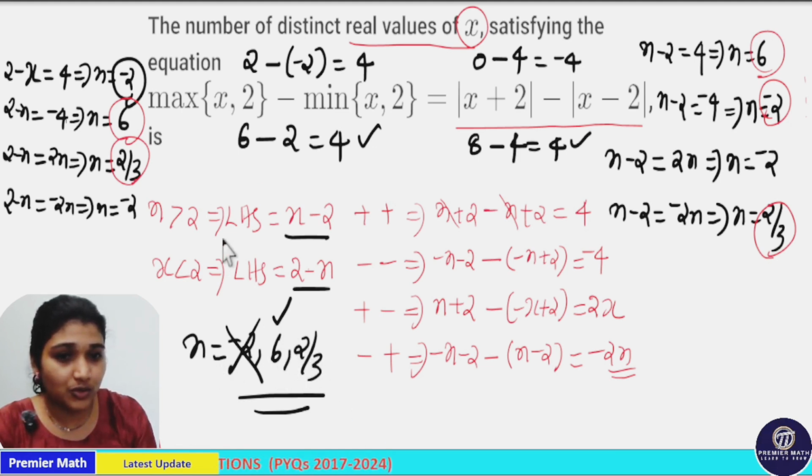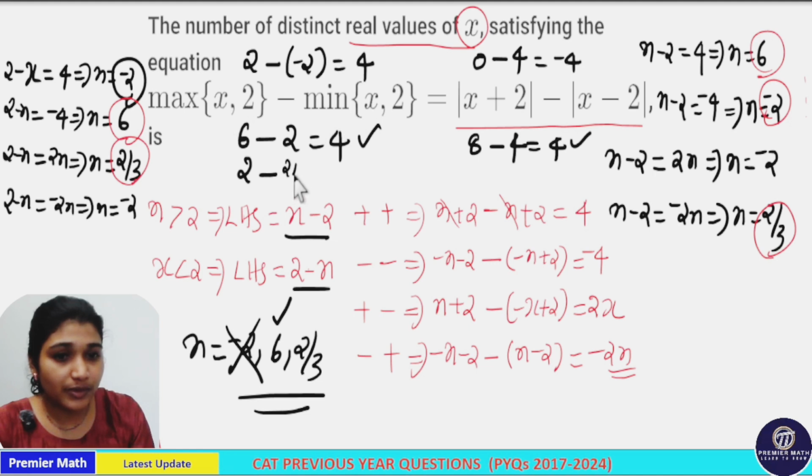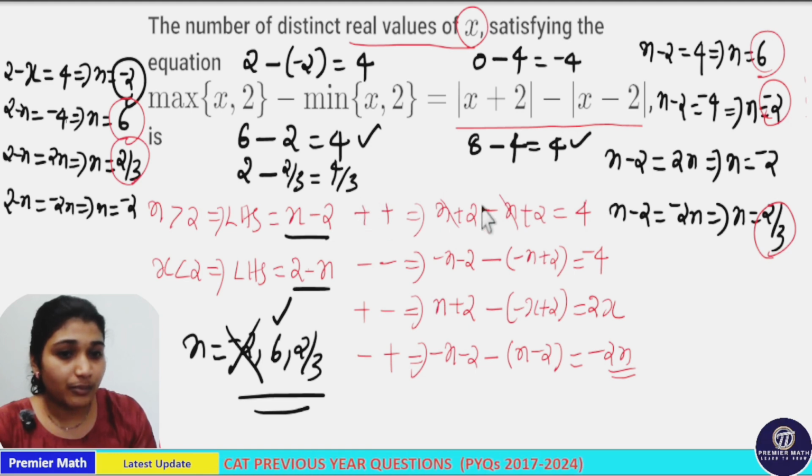Now if you apply 2 by 3, the maximum of 2 by 3 and 2 is 2, and the minimum is 2 by 3. So 2 minus 2 by 3 is equal to 4 by 3, so 4 by 3 is the LHS. Now in the RHS, 2 by 3 plus 2 is equal to 8 by 3, so the modulus is 8 by 3.